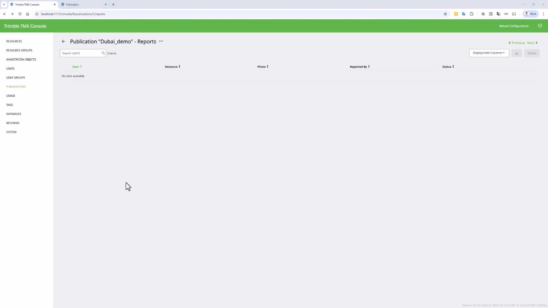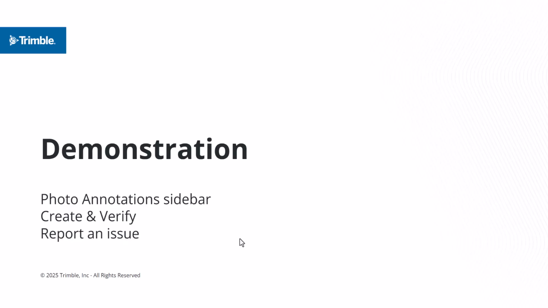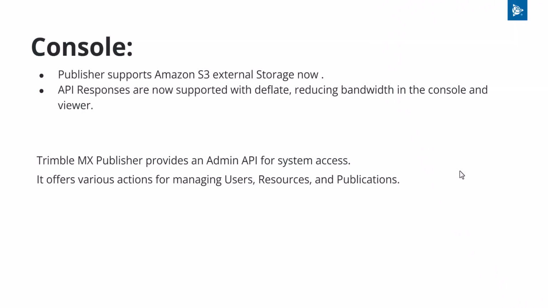Going back to the presentation, we have a few multiple updates which are worth being mentioned. First of all, it's now possible that your data can be stored on the Amazon S3 storage and be successfully connected to the publisher.